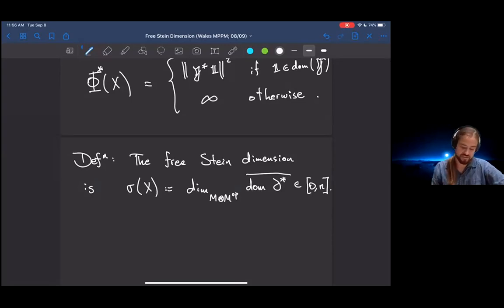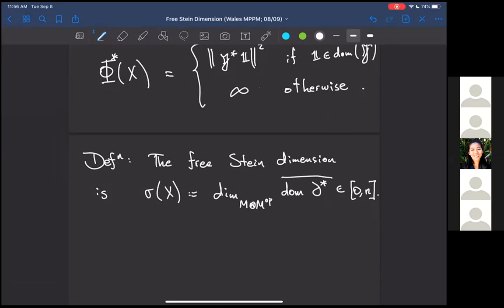But one thing to note is that if one tensor one happens to be in the domain of the free Jacobian, then that can be used as a starting point to show that, because it's closed as a module, this domain has to actually be maximal within L2 M tensor M to the n, which is the space it lives in.